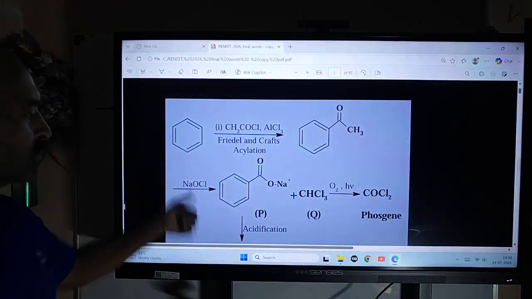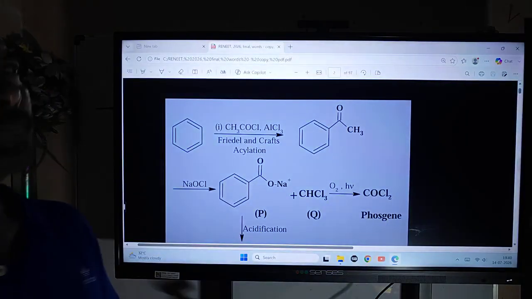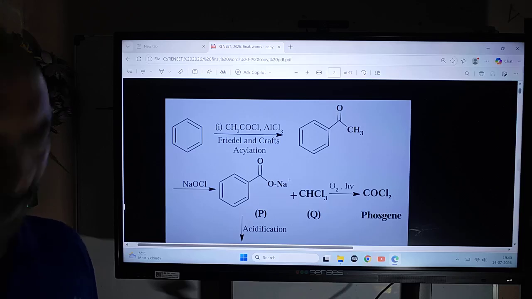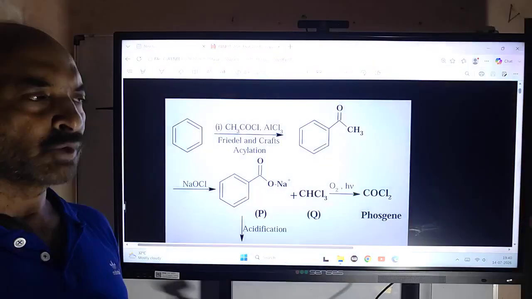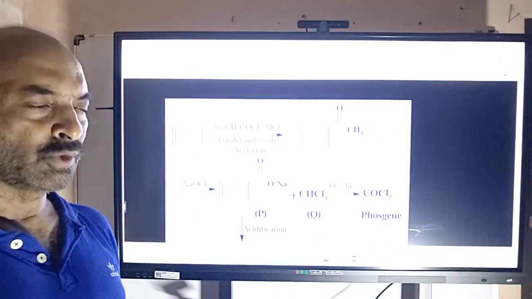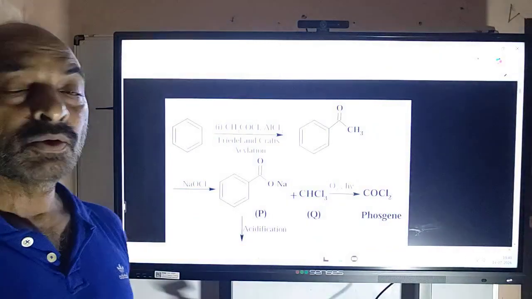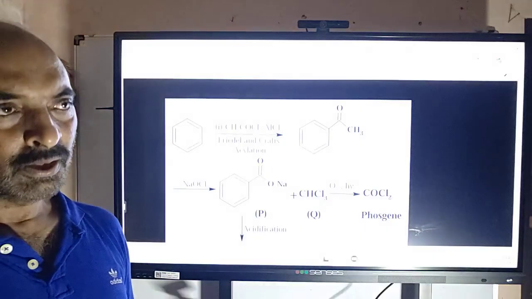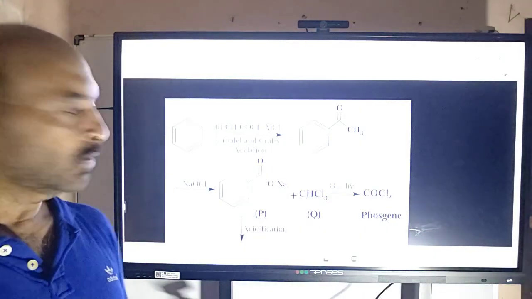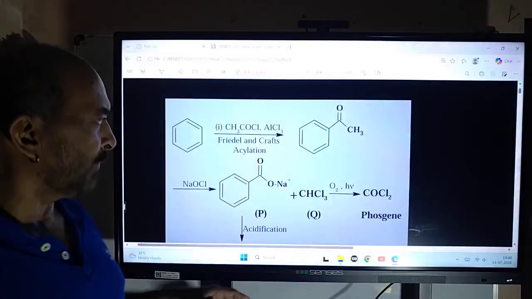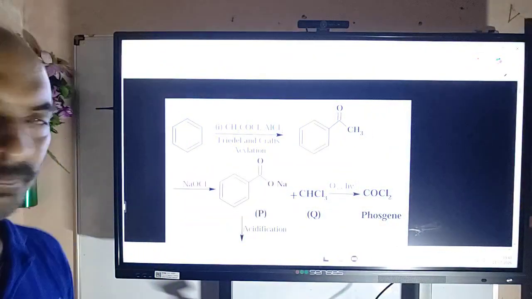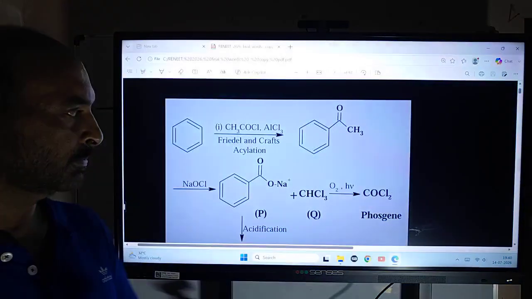What's the second one? Sodium hypochlorite. We know that when methyl ketones are treated with sodium hydroxide and chlorine, or sodium hydroxide and bromine, or sodium hydroxide and iodine, or sodium carbonate and iodine, two major things happen. First, the hydrogen atoms get replaced by three halogen atoms.